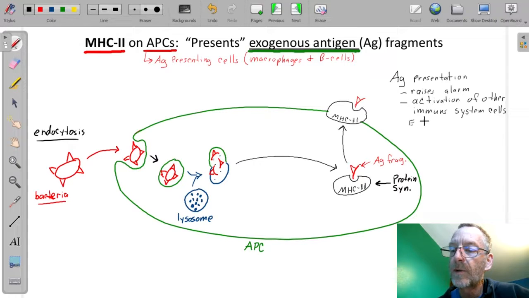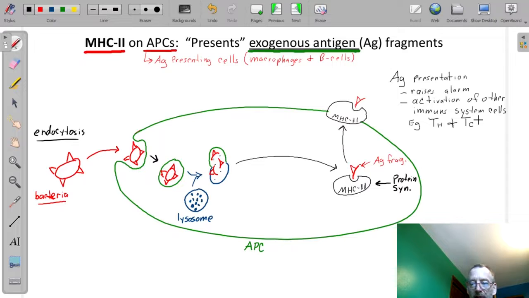For example, again, T helper cells and cytotoxic T cells. There are chemical interactions that occur for the activation of the other immune system cells. But the rest of the helper cells come along and recognize that antigen fragment as being foreign.